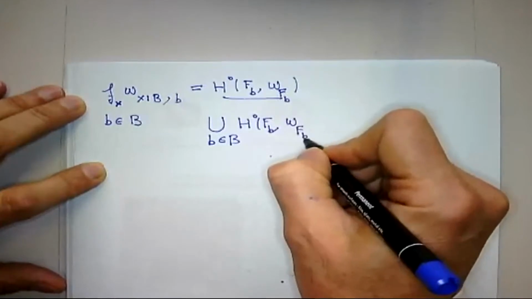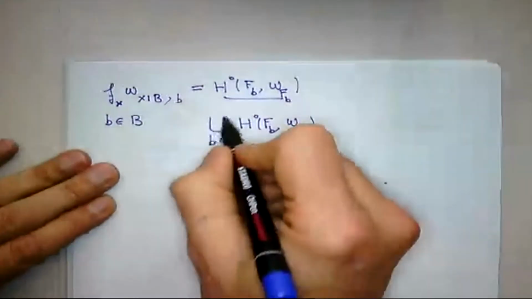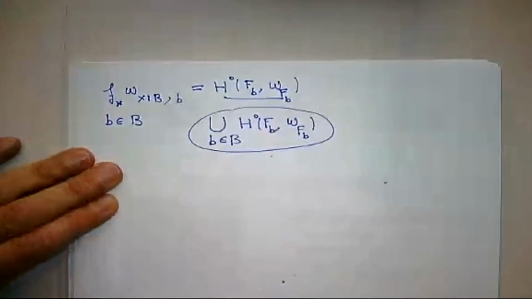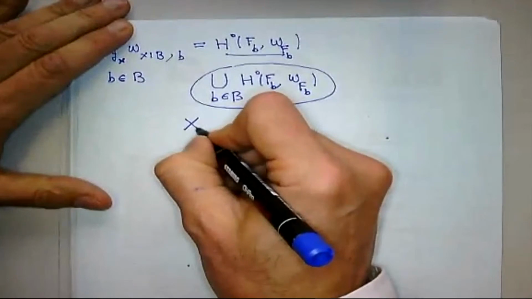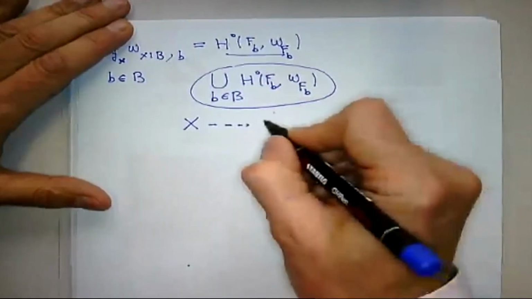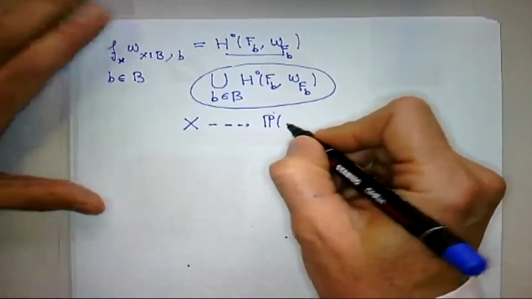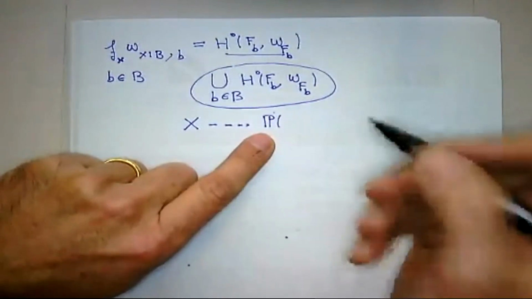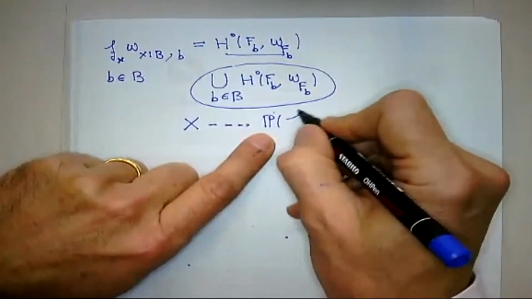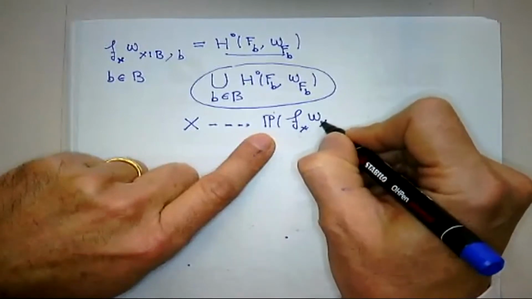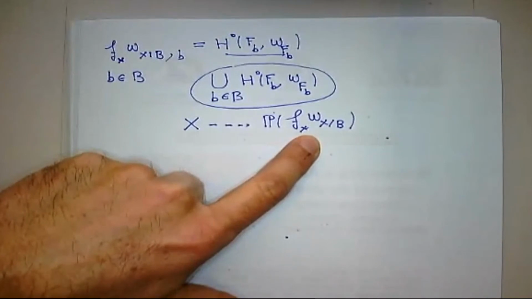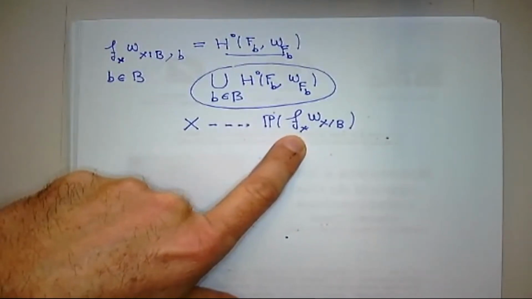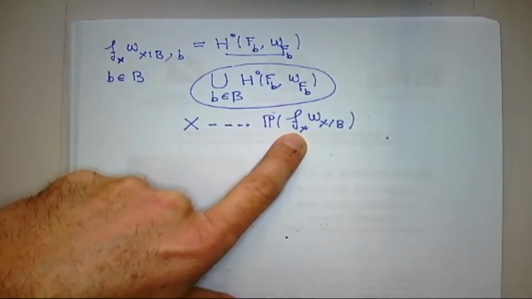Clearly, for some people what I'm saying now is trivial, but it is a way to control how to arrange this union, because you have a natural map from X, actually often rational only, to the projectivization, the Proj, of f lower star omega_{X/B}, which I forgot to say is known by Fujita to be a locally free sheaf.